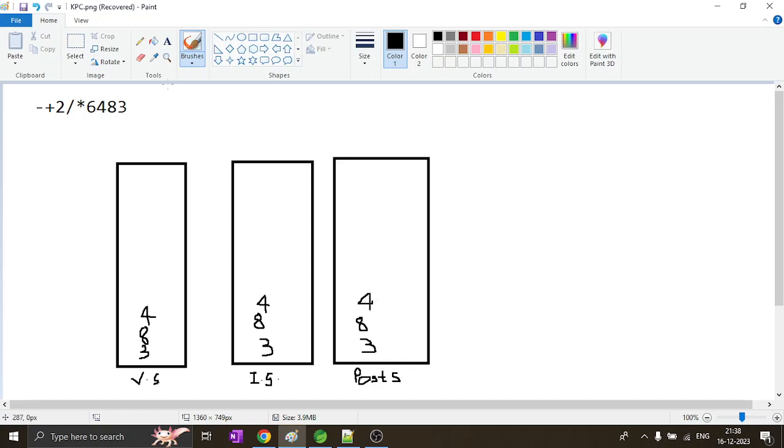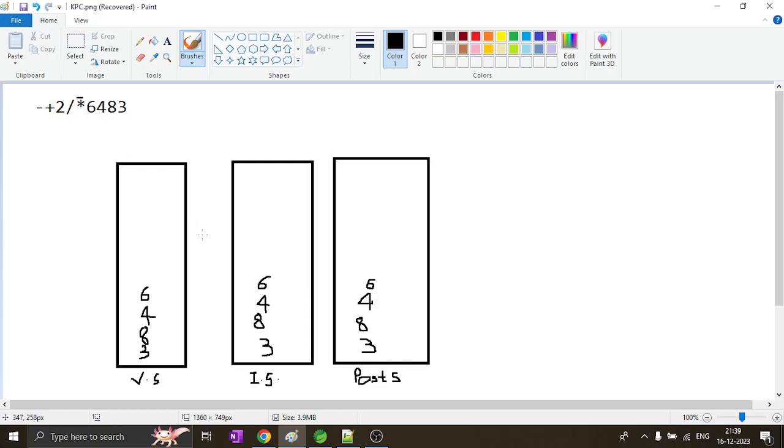Whenever we encounter a digit or an operand, we push that into the stack. So we pushed 3 as we are iterating from the last, then 8, then 4, then we'll push 6. We have pushed 6 into the stack now. And then at last we encounter a multiplication sign.